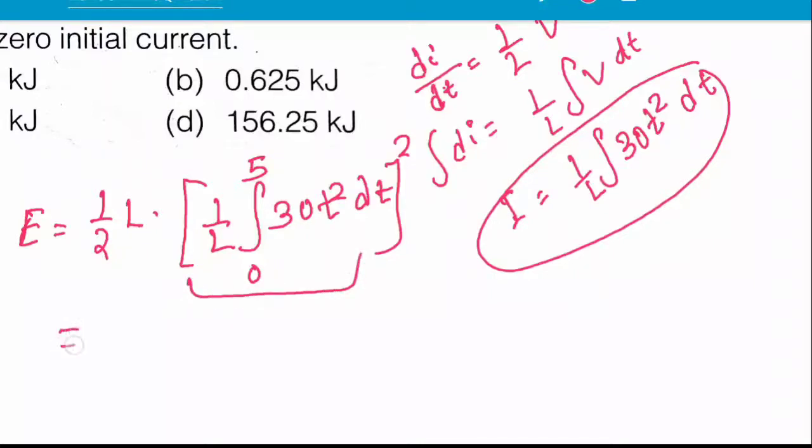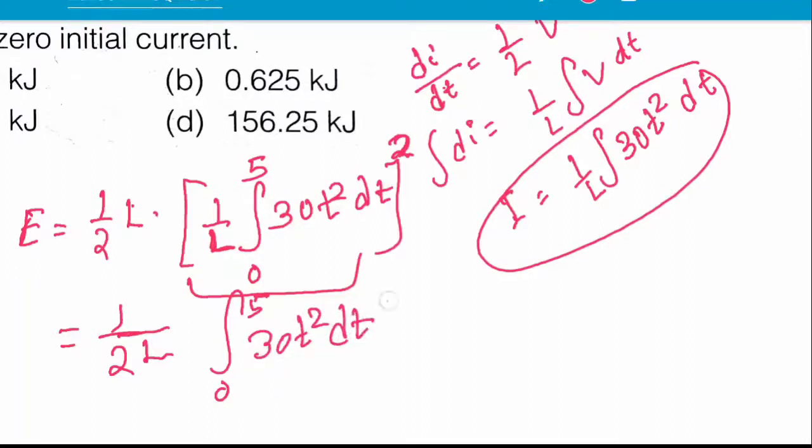So this comes to half into 1 L and another L² because of the square. So here I am getting 1/(2L), and then the integration from 0 to 5 of 30t² dt, whole squared.